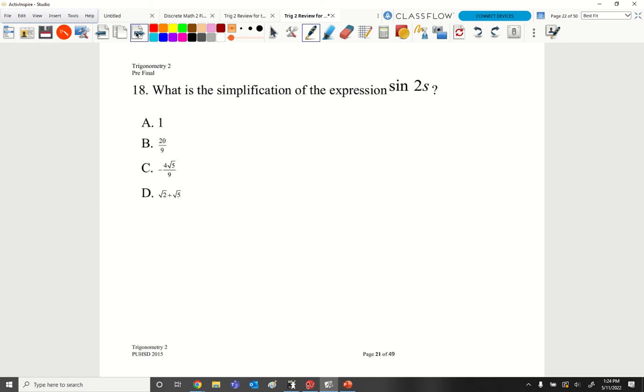So sine 2s. So what is that formula? Sine x, sine cosine times cosine. Is there a 2 out front? Yes. 2 sine s cosine of s, right? Yes? No? Maybe? Okay, I'm hoping I'm making sense here because I need everyone following.